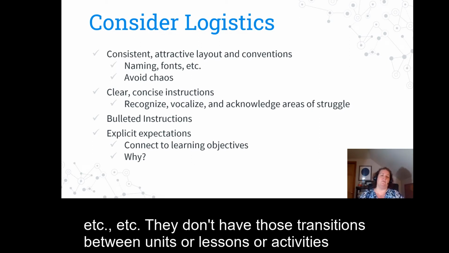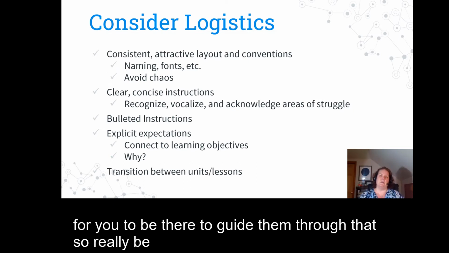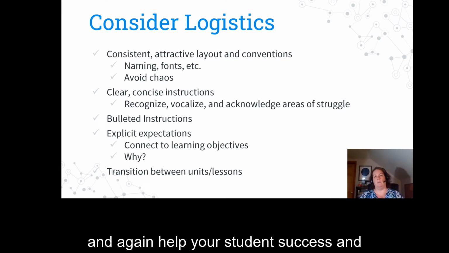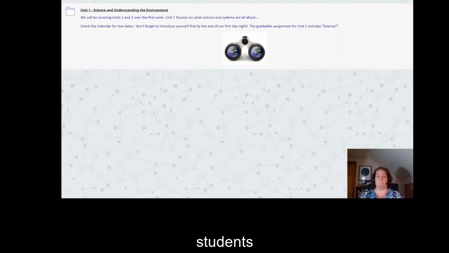They don't have those transitions between units or lessons or activities for you to be there to guide them through that. So really being explicit and telling them why they're doing particular things can be so helpful, and again, helps student success.